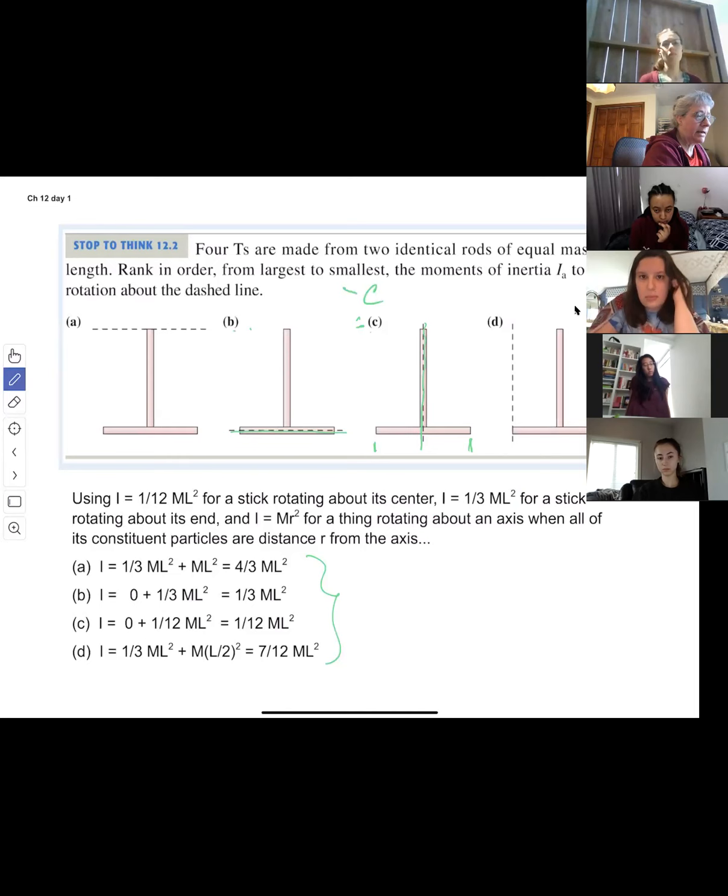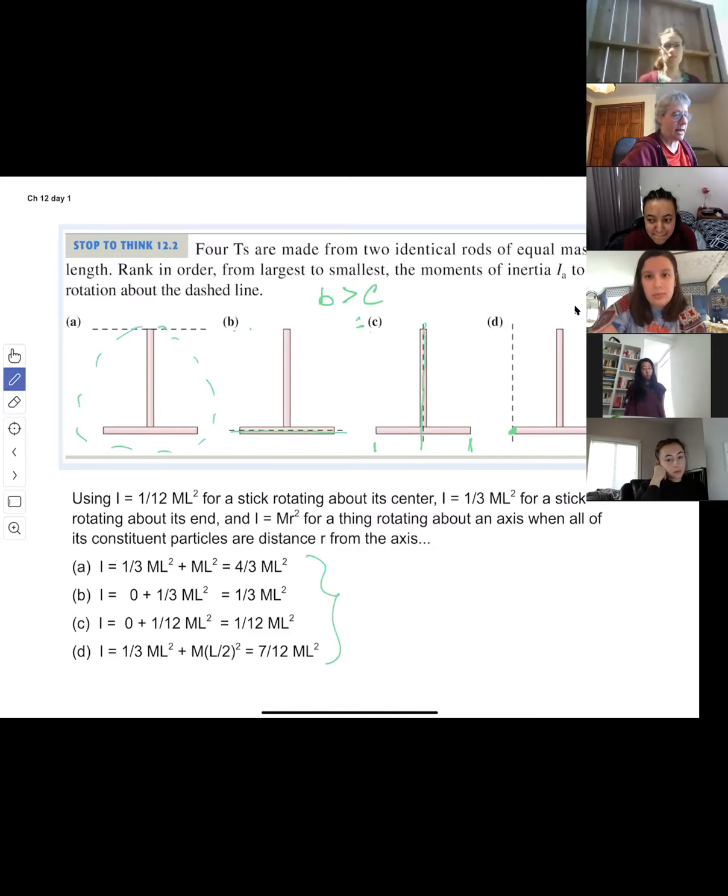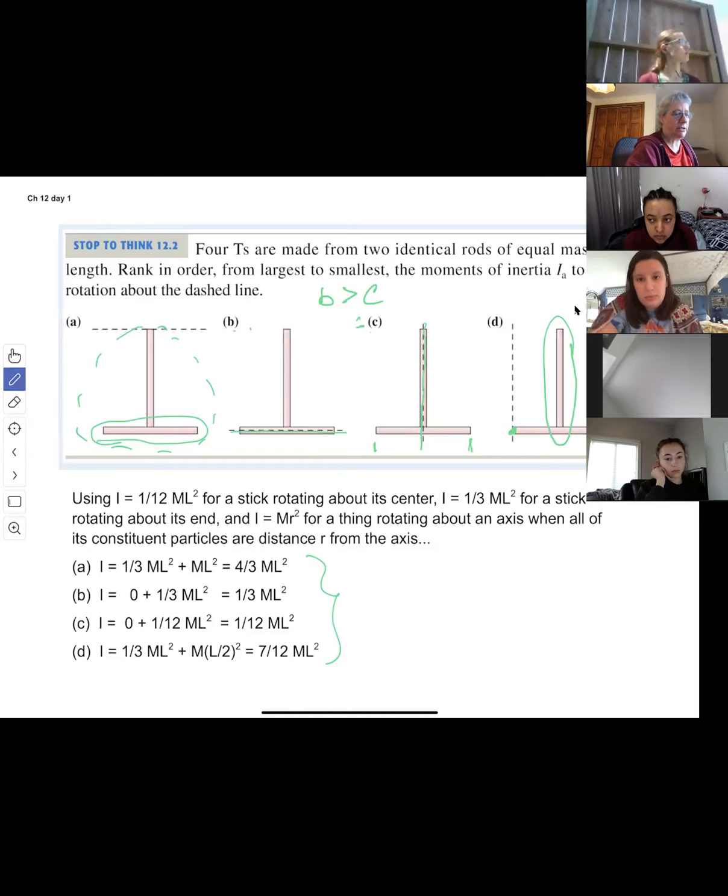And then maybe B should be next because it's just got one bit of mass that sticks out further away. If I look at either A or D, the axis is off to the side, so all of the other mass will actually get to play. We could argue pretty easily that A has more mass that's far away, compared to this one, where that same amount of mass is only half the distance away.